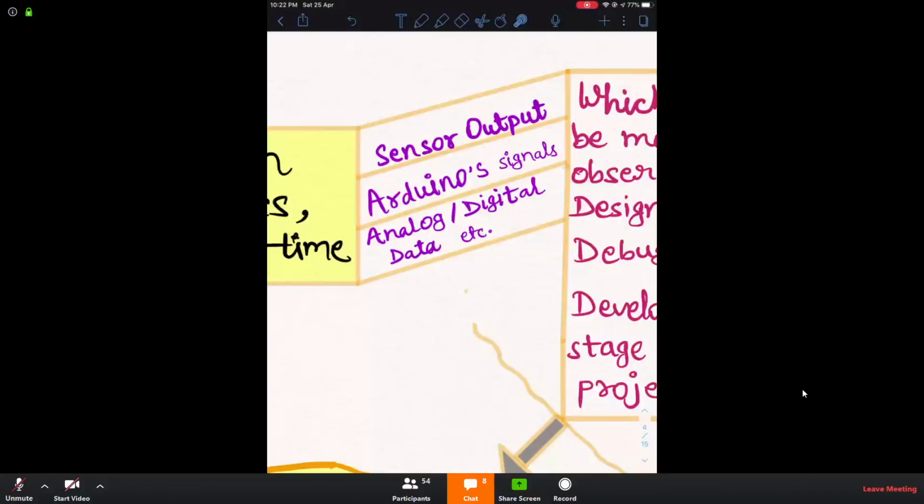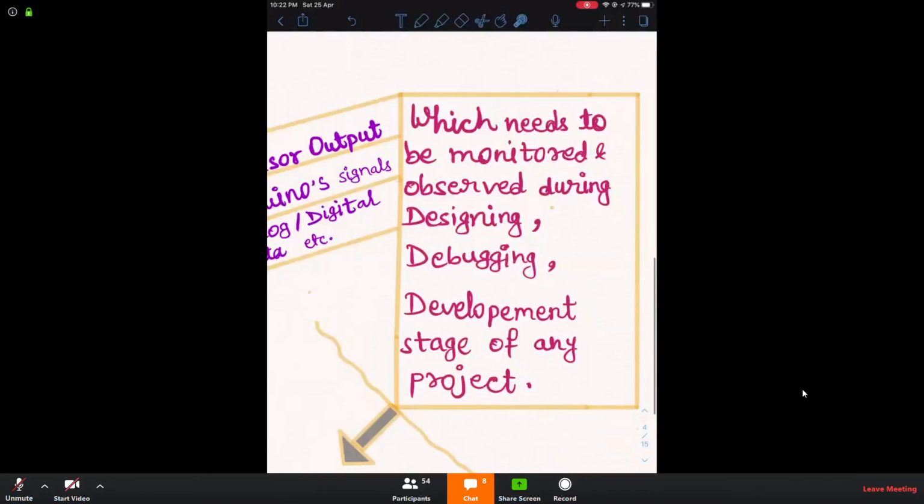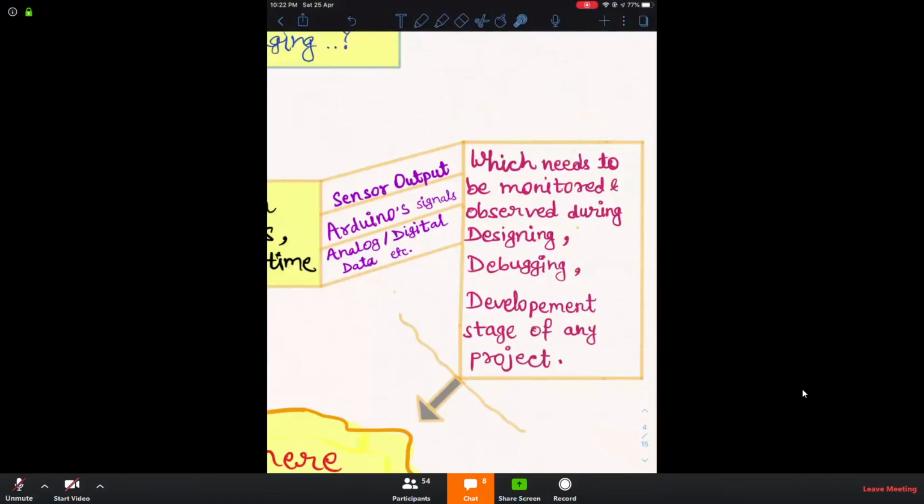All these things have a bunch of analog and digital data which are continuously changing with respect to time. So all this changing data needs to be observed during the designing, debugging and development stage, because while designing it is very important to see all the waveforms, so that we can look at how the circuit is behaving and what is happening.